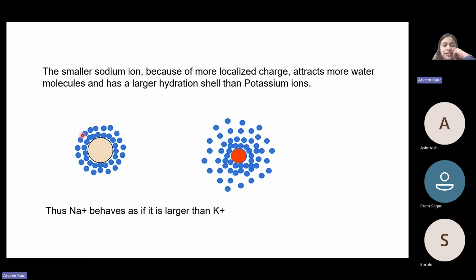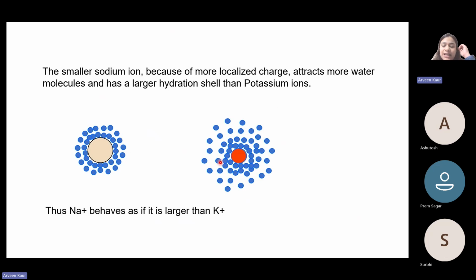So over here you can see the potassium also has a hydration shell, and sodium also has a hydration shell. But the hydration shell of sodium is much larger, which makes its effective size larger than that of potassium ions. The smaller sodium ion, because of more localized charge, attracts more water molecules and has a larger hydration shell than potassium ions over here.